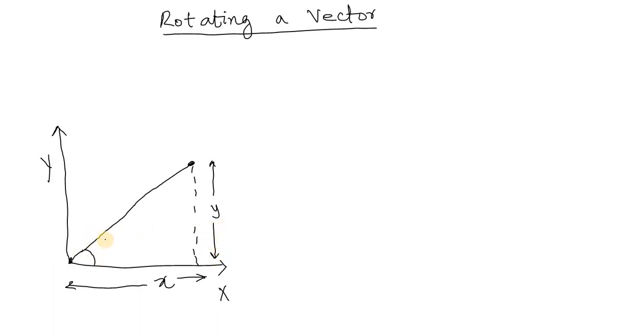And this angle is theta. Let's say the length of the vector is r. So now what will happen if we rotate this vector by some angle, let's say phi?